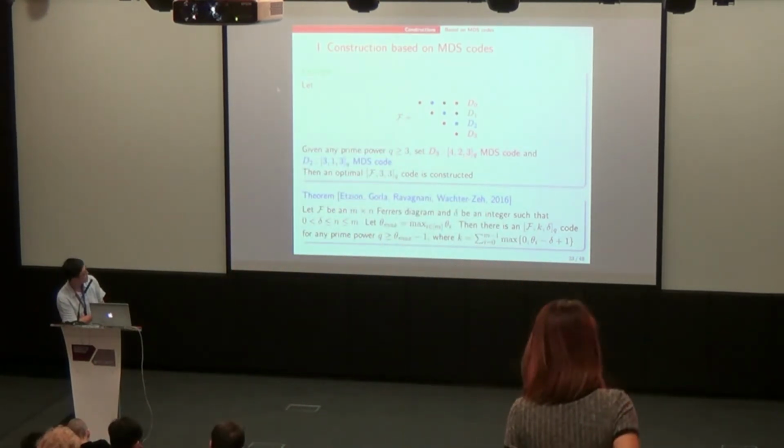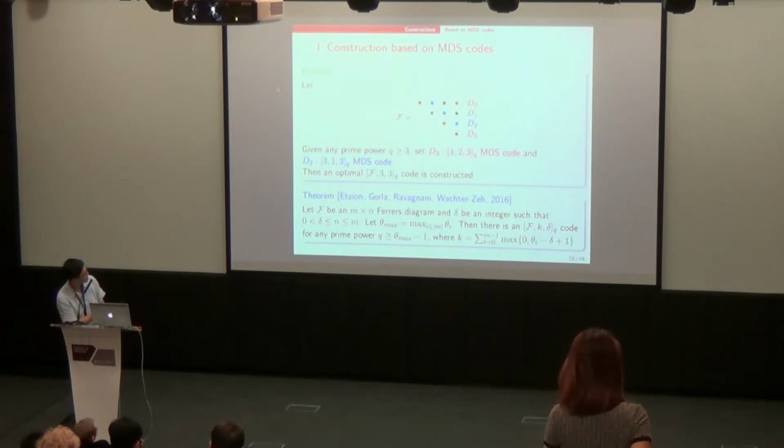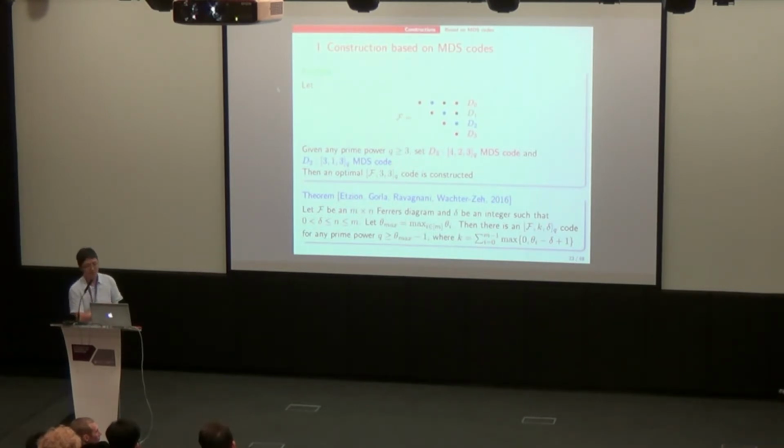So in each non-zero codeword of this code, there are at least 3 non-zero coordinates. So in this case, we know the matrix rank is at least 3. If all the 4 dots are filled with zeros, then we fill a [3,1,3]_q MDS code on D2.